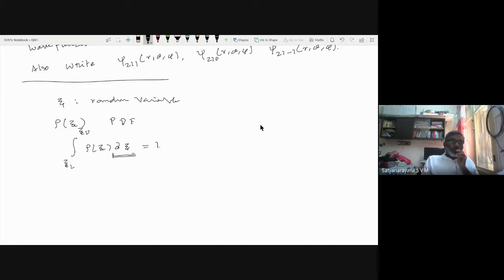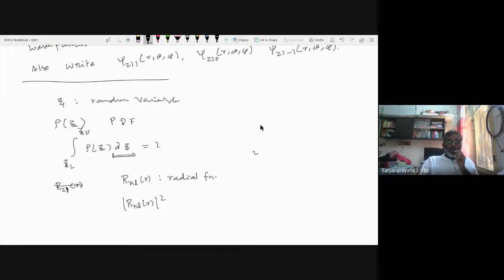Now the point here is that R21 of R, or in general RNL of R, is just a radial function. But RNL of R mod square cannot be a probability, because this is only a part of the wave function.